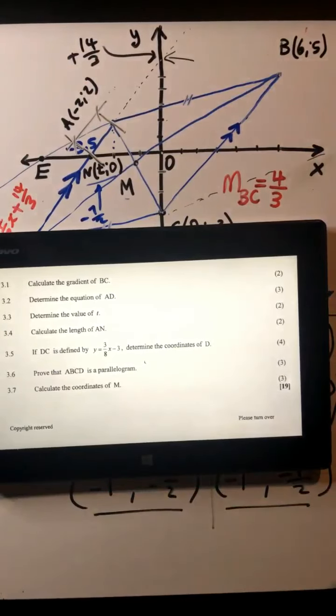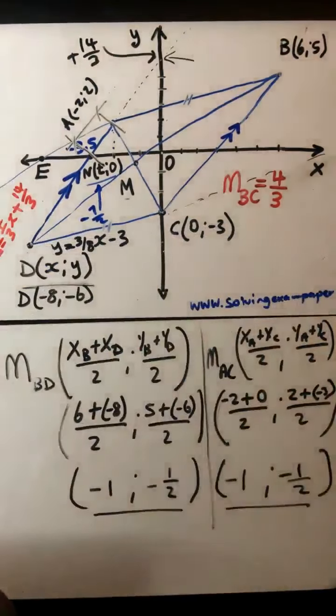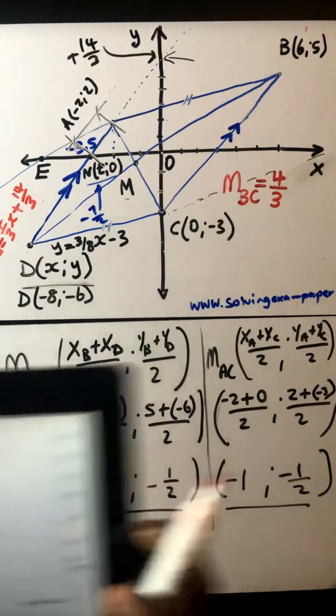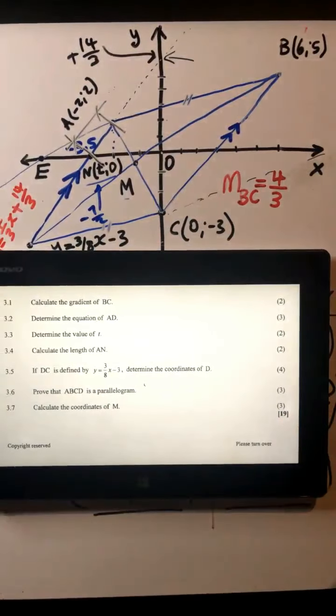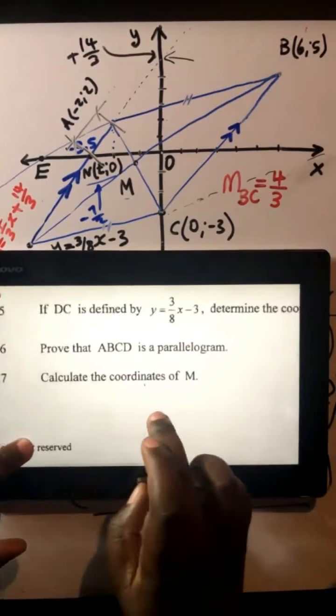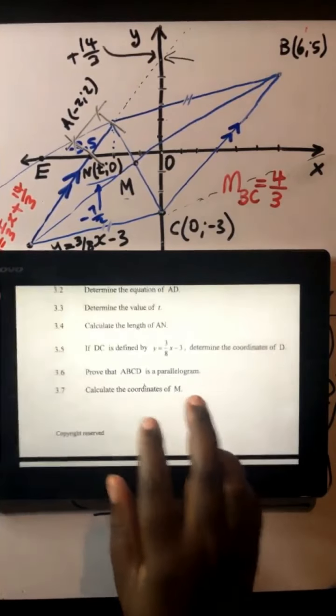So obviously, guys, in terms of the marking, you will get maybe 1 mark for correct substitution for the x and y value, and 1 mark for the final answer. So it could be how you get your 3 marks. So the last question says, calculate the coordinates of M.